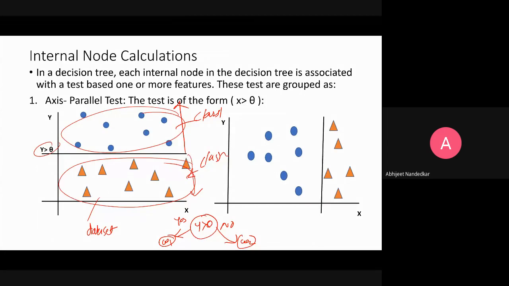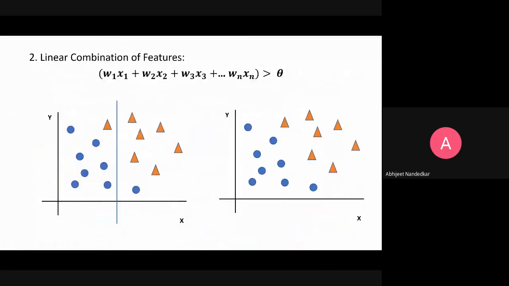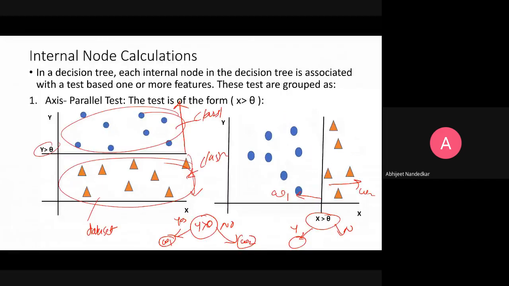So here your axis is now x, so your test is x greater than theta, and then you take a decision yes or no. If it is yes, so this side, then you will say it's omega 1, and if this is greater than this, then it is omega 2. So your decision will be omega 2 here and omega 1 here.